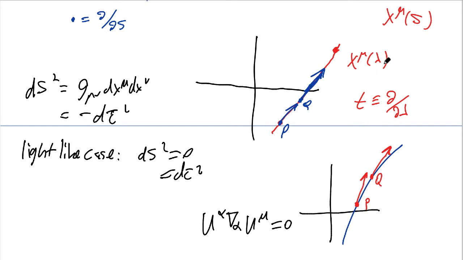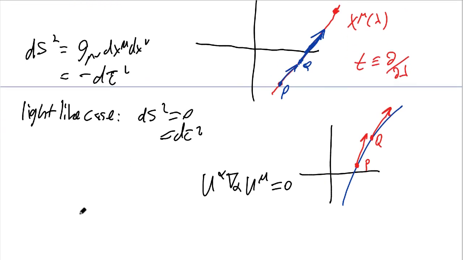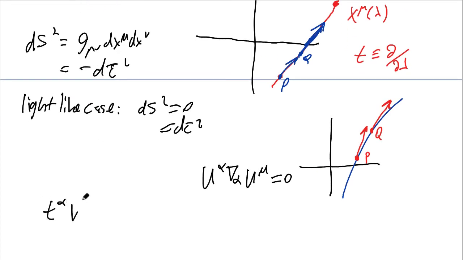Because after all, this parameter lambda is arbitrary, which means we can place the tick marks arbitrarily far apart or close together along the world line, and so that will affect the length of these vectors at various points. So really all we need to demand is that when we parallel transport the vector d by d lambda from Q back to P, they lie in the same direction. So the condition for that is that T alpha del alpha T mu should be proportional to T mu.